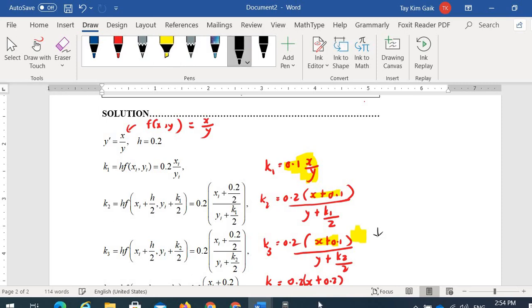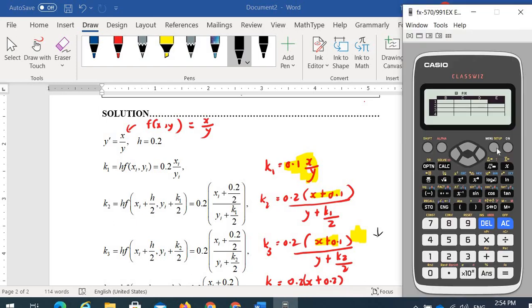Don't press equal, press down. If you press equal, you will accept the previous Y value. You press down, then it lets you change the value of Y. Y plus the value of K2 that we recently obtained in the current row, divided by 2.